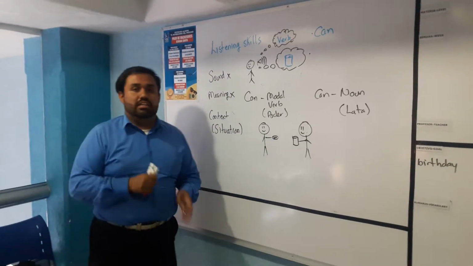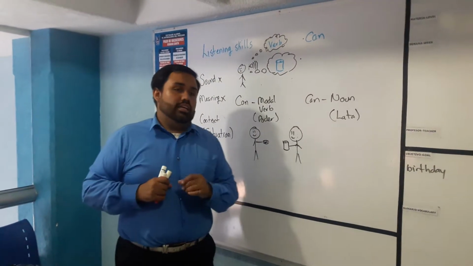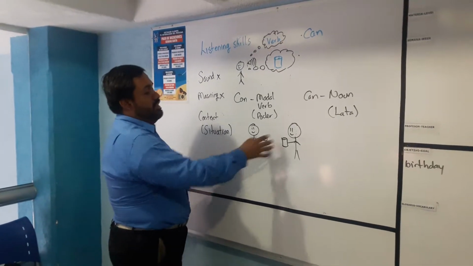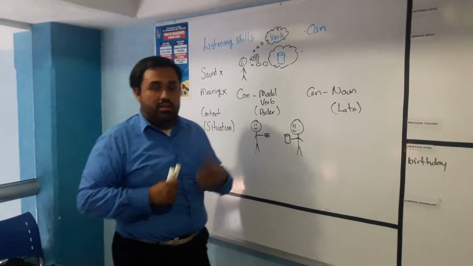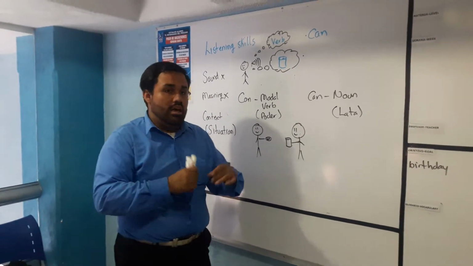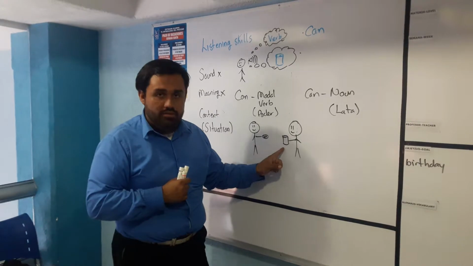The situation is that you are in a grocery store and you are giving your money, this is your money, to the assistant in the grocery store. So you're exchanging money for the can of soda.